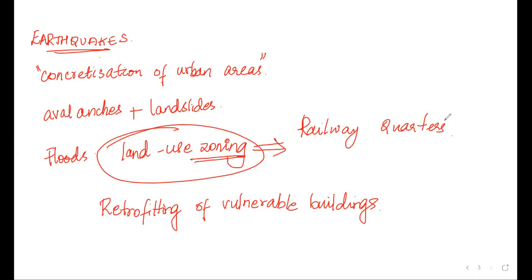Now, if these kinds of quarters are present in a zone 4 or zone 5 region, make sure that you retrofit them. Those who have done civil engineering may understand. If there is a crack, have some concrete pumped into that building. If there is an exposure of the iron rods used in the building, make sure that you construct a pillar next to it which is strong enough to support the load of this building.